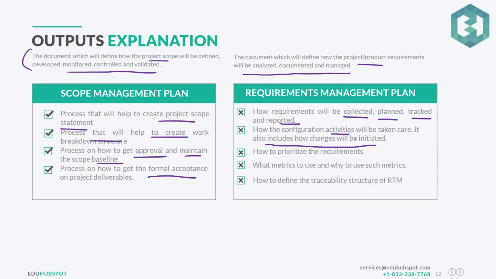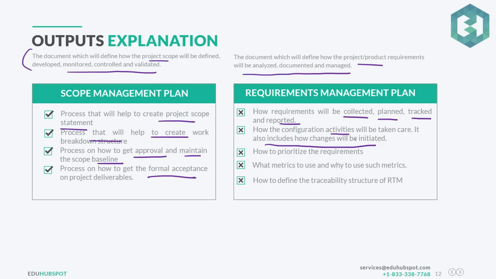Configuration activities, a lot of people get confused. Just make sure you don't forget to watch the video on the perform integrated change control process in integration management. I have clearly described the difference between configuration management and change management. Configuration management is all about the configuration, the specifications.